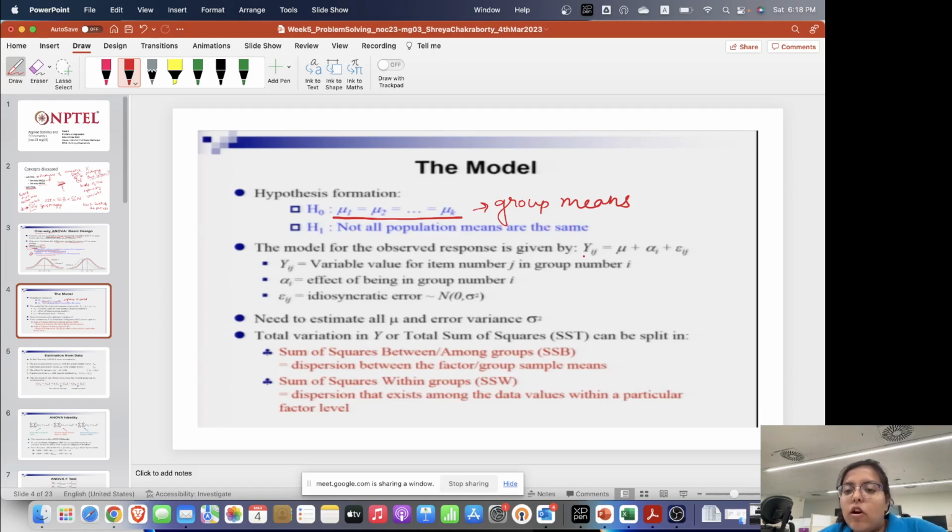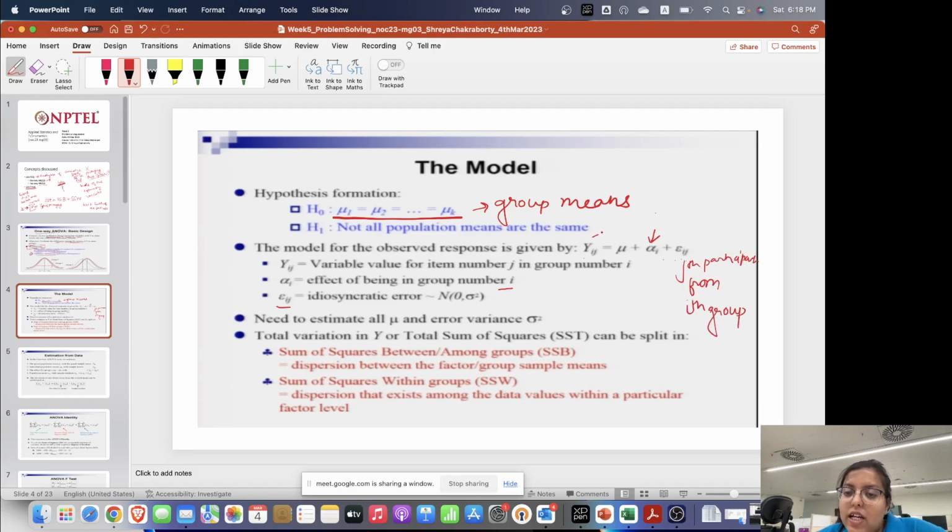So if we have a model like Yij equal to mu plus alpha i plus epsilon ij, then alpha i denotes the effect of being in group i, and epsilon ij is the random error corresponding to the jth participant from ith group.